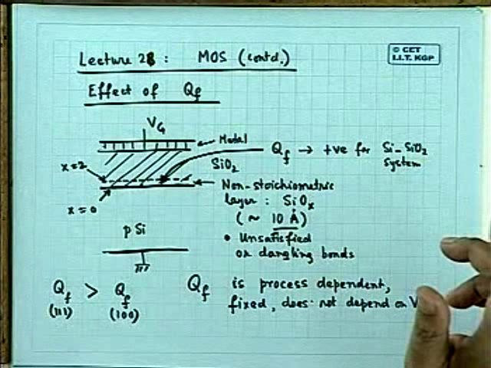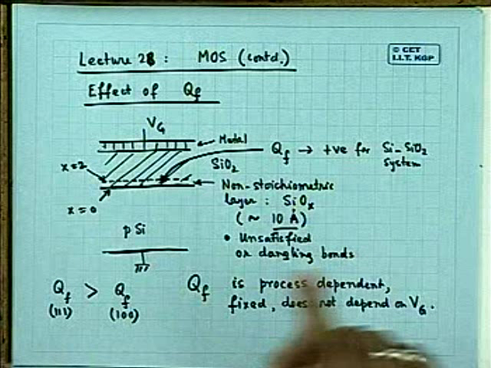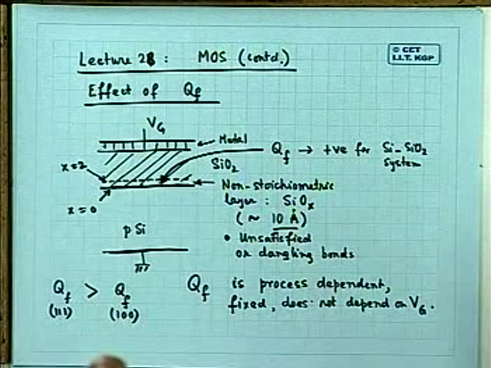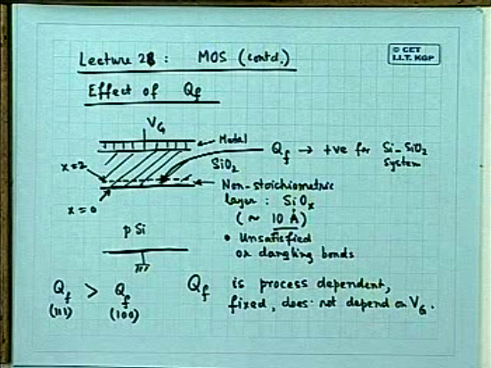The reason is 111 silicon has more silicon atoms per unit area, a higher surface density of atoms, as compared to 100 silicon. Each atom contributing one electron or one charge makes QF more for a more packed surface as compared to a less dense surface. QF depends therefore on the packing density of silicon atoms on the surface.